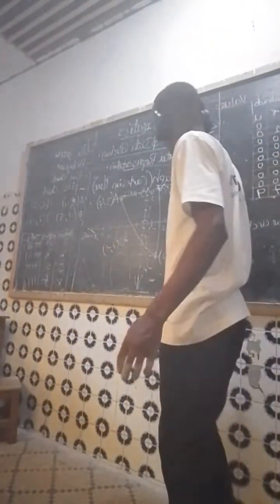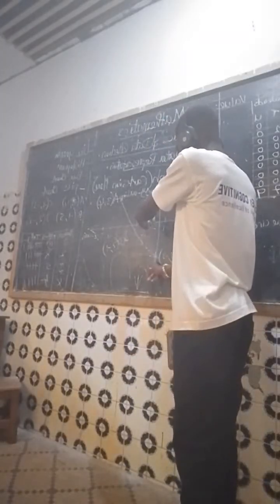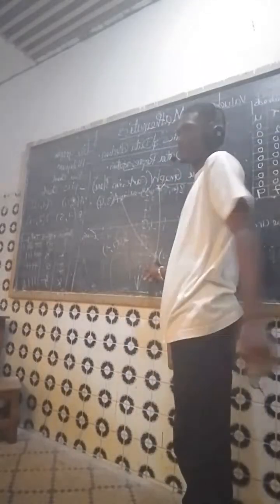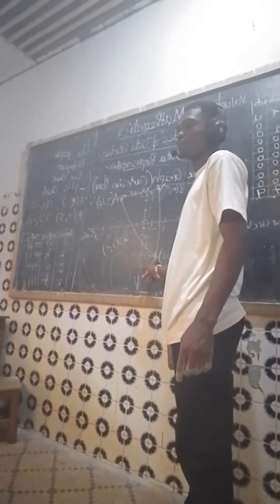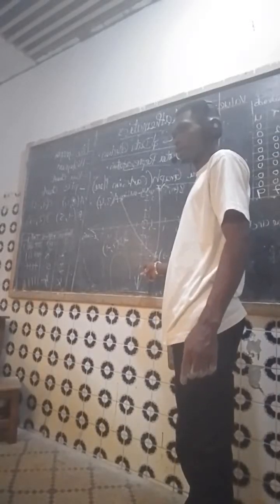So -1 and -3. -1 on the x, -3 on the y. What's the problem?